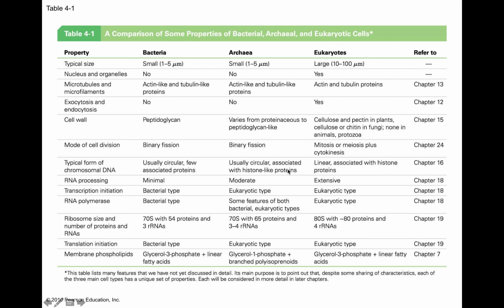The RNA, after it gets transcribed, is very minimally processed in bacteria, whereas in archaeans and in eukaryotes, less so in archaeans and more so in eukaryotes, the RNA is processed a little bit or a lot. So what is RNA processing? For example, cutting out the introns and putting together exons, putting together exons in different order, and also editing single bases of the mRNA before it gets translated. Those are all characteristics of archaeans and eukaryotes, but not typically in bacteria.